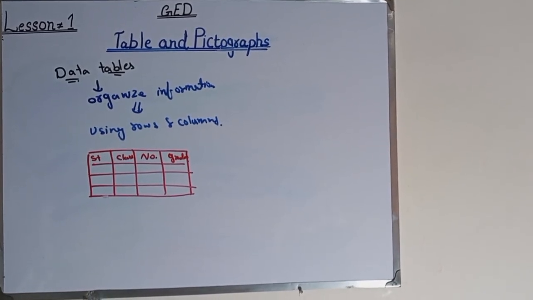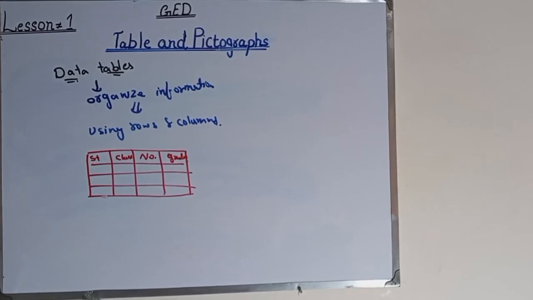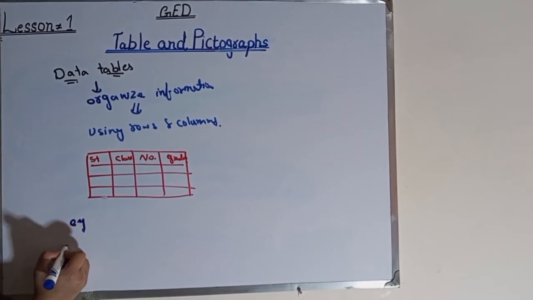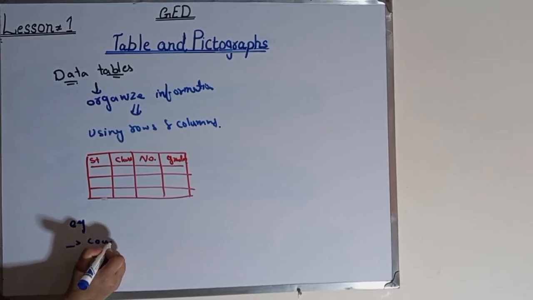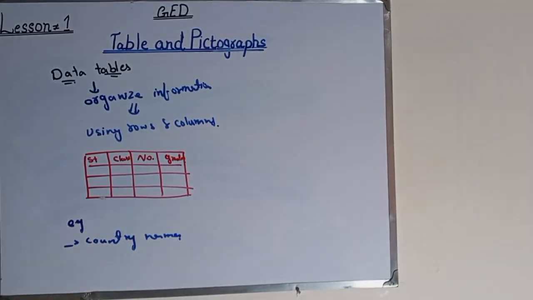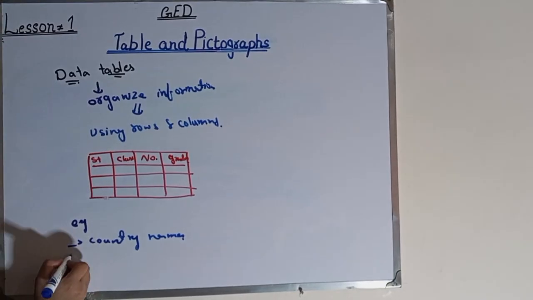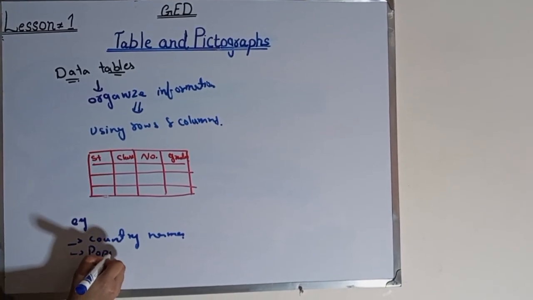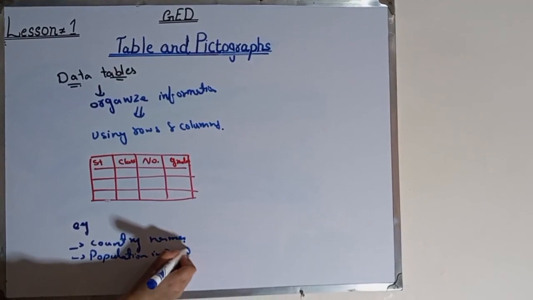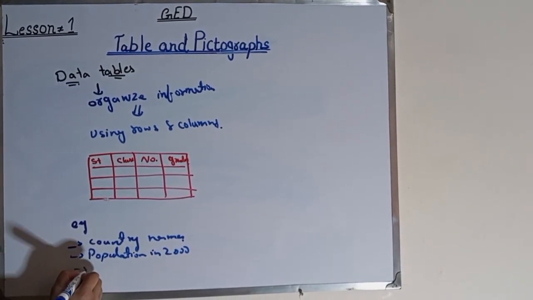Next, population table examples might show, for example, country names. We can organize them in table form: population in 2000, land area.